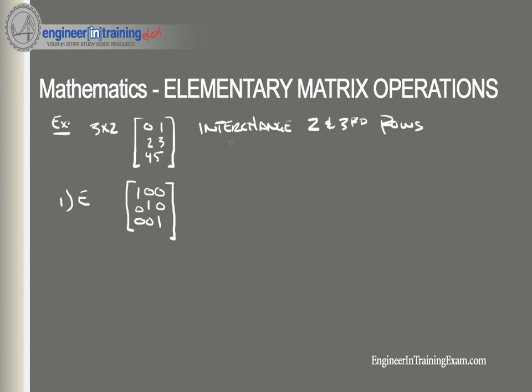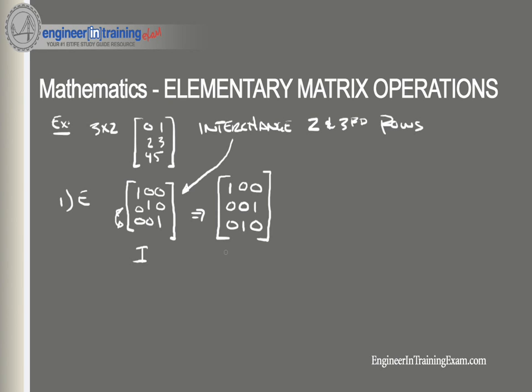So this is our identity matrix. Let's go ahead and interchange the second and third rows. So 1, 0, 0, the first row remains the same. Now we need to just flip these 2 rows. So our second row will now be 0, 0, 1, and our last row will be 0, 1, 0. So this is E. We just found E.